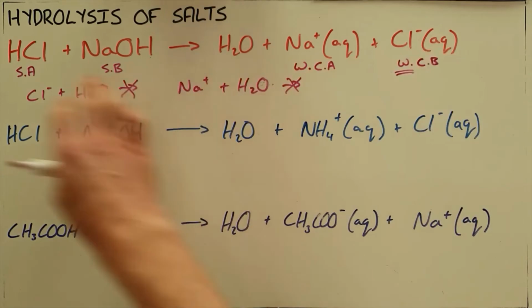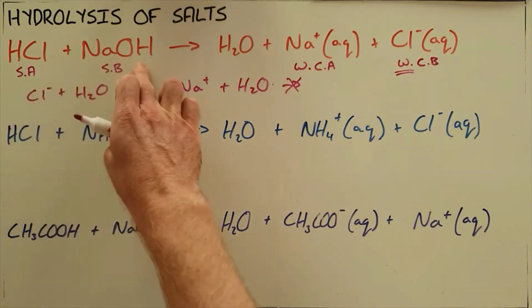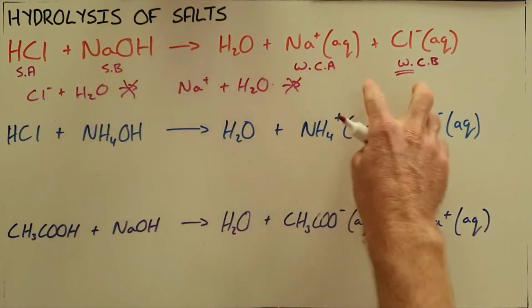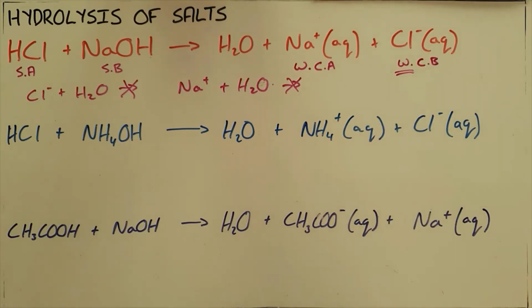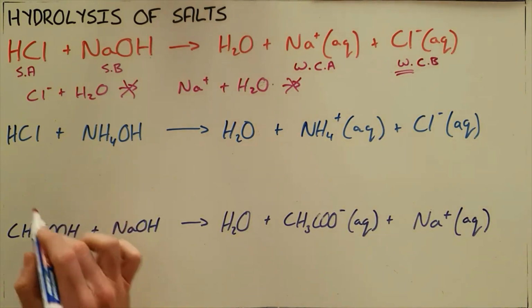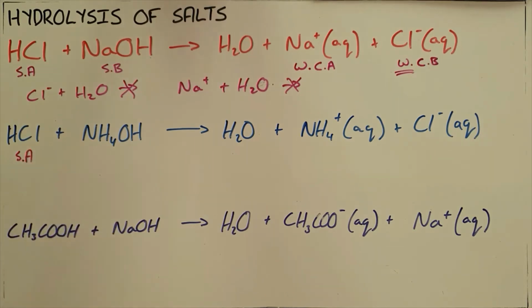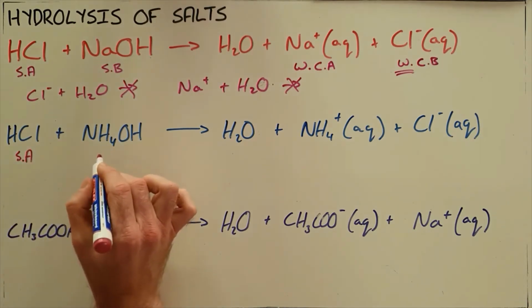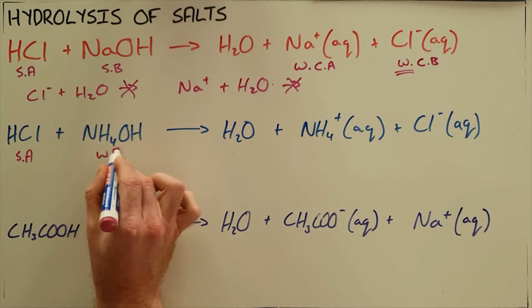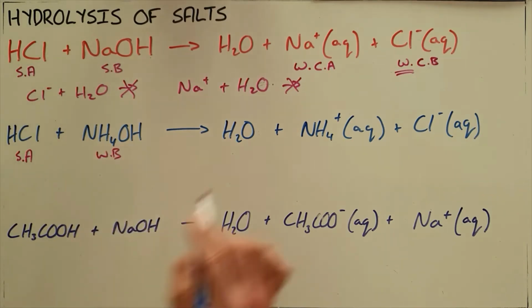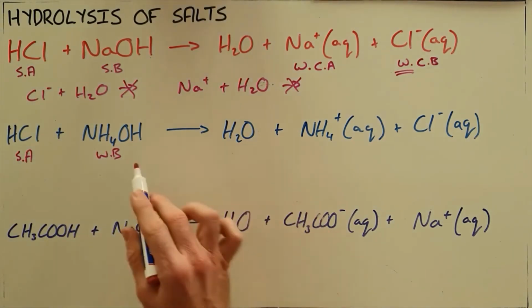because a strong acid would completely neutralize a strong base, and the salt would then be a neutral salt. This is in contrast to a reaction where we have hydrochloric acid again, which is our strong acid, and ammonium hydroxide, which we know is a weak base. Once again, it forms water, and then two salt ions.